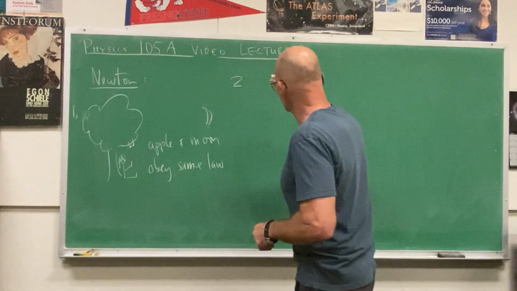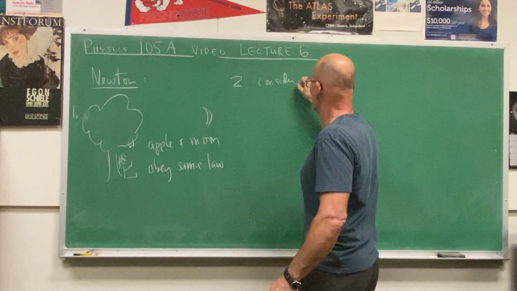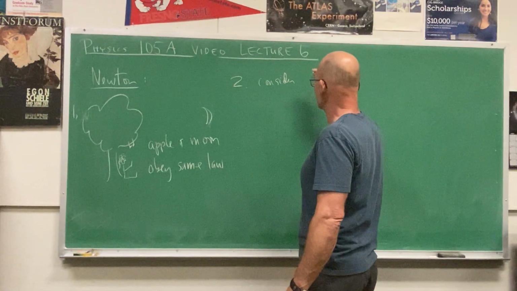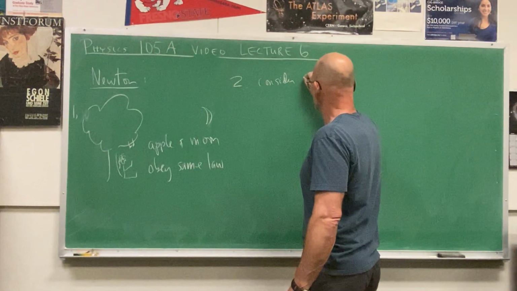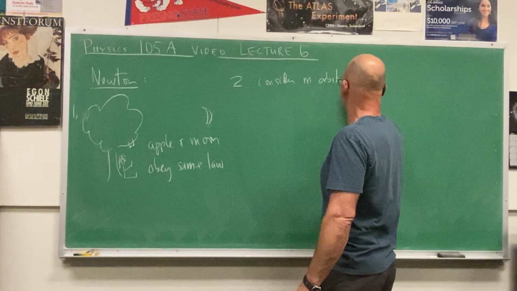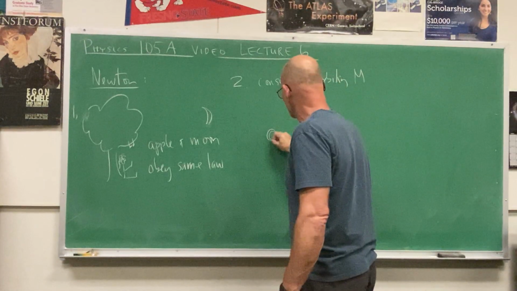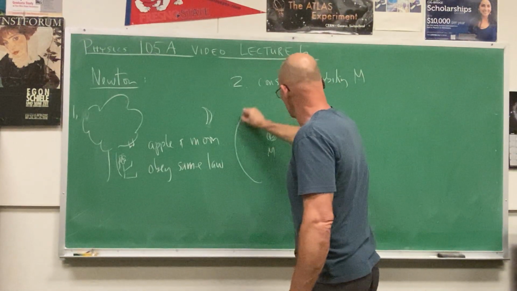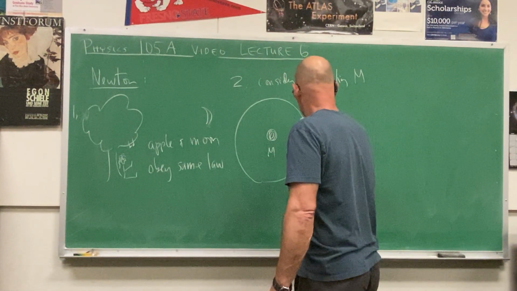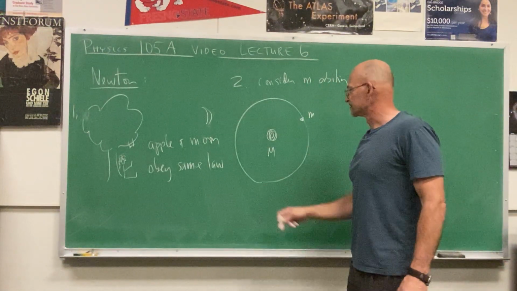Then the next thing is to consider m orbiting M. Okay, so now we've got a central body, capital M, but we've gone to a smaller body orbiting it, and see what this means here.